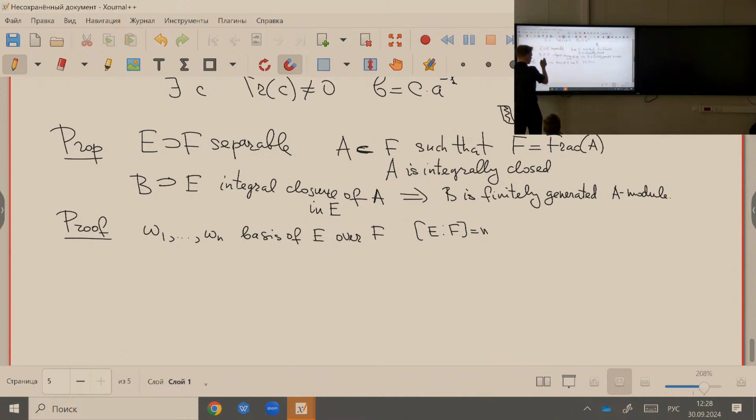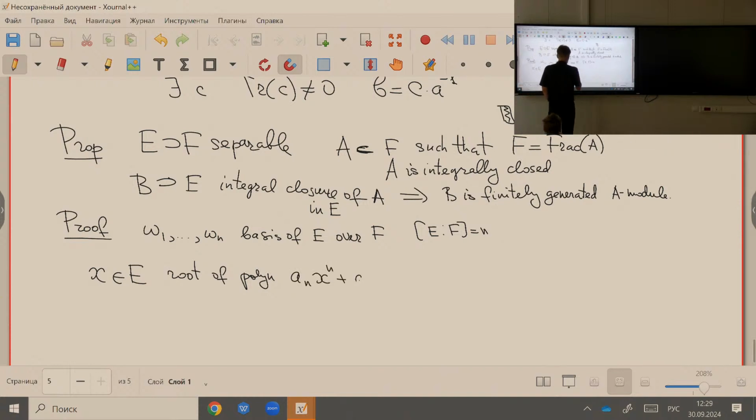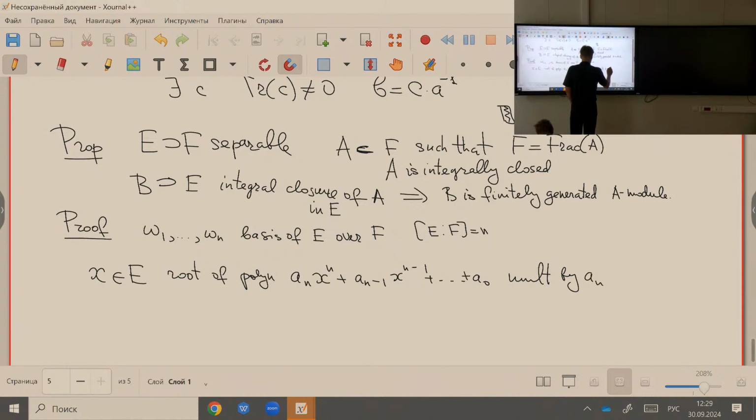Notice that any element x inside E can be made integral over A, so it is a root of a polynomial a_n x^n + a_{n-1} x^{n-1} + ... So we noticed that we can multiply it by a_n minus 1.